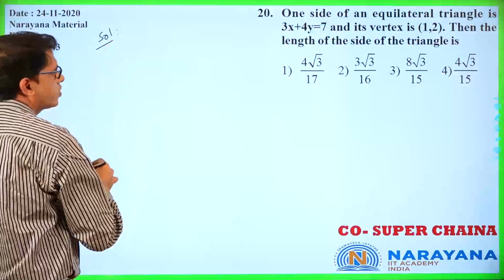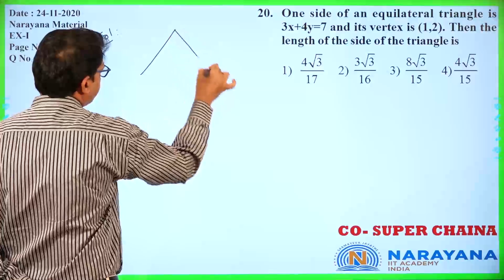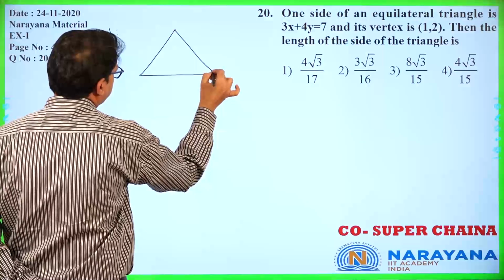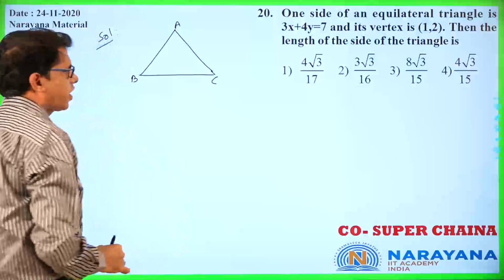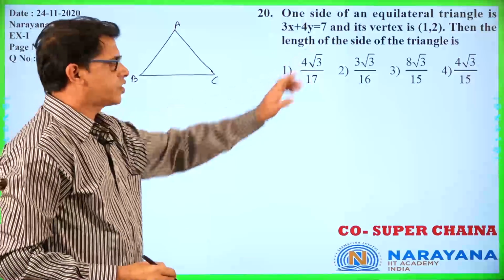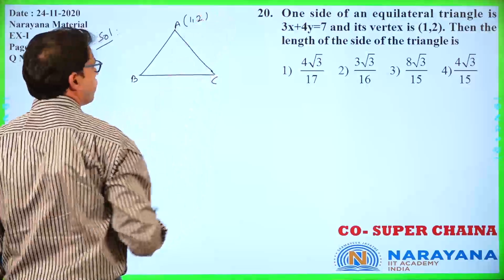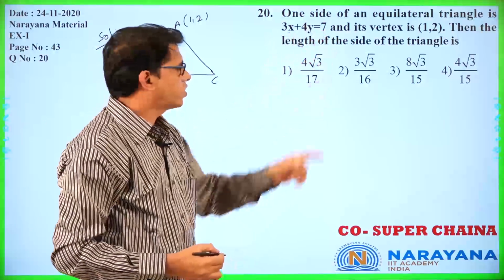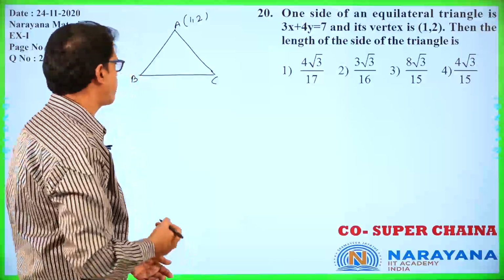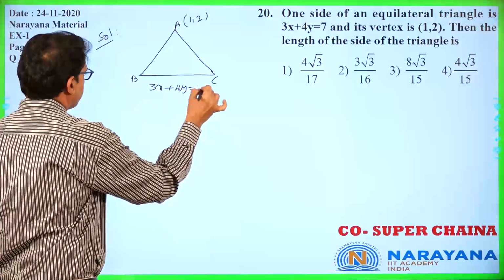So the triangle is an equilateral triangle, say triangle ABC. One vertex is 1 comma 2, say A equals 1 comma 2, and one of the sides is 3x plus 4y equals 7.